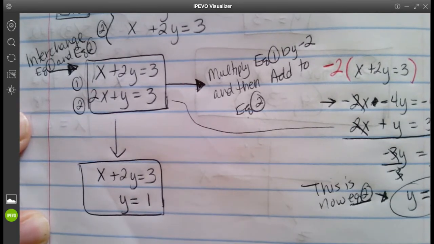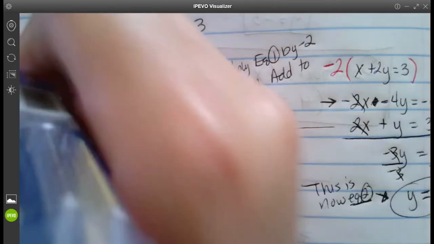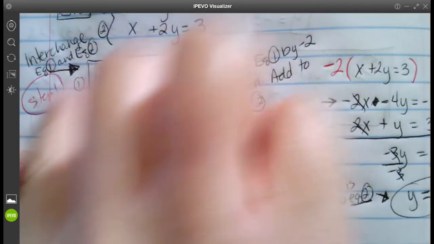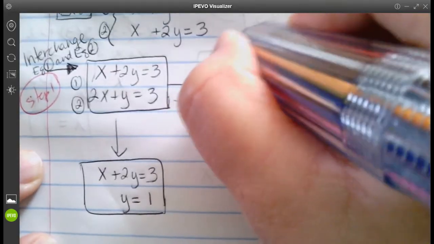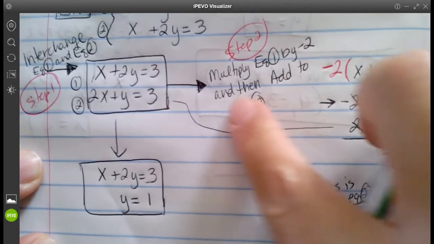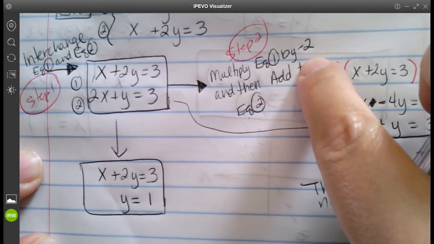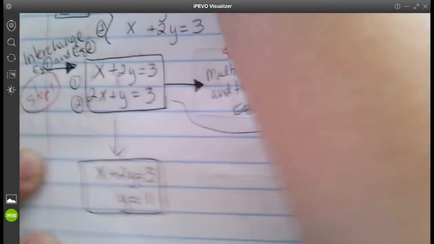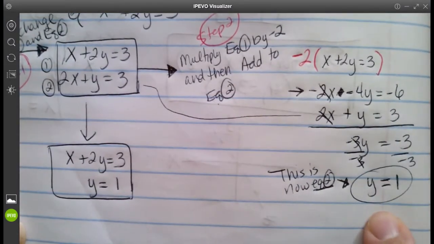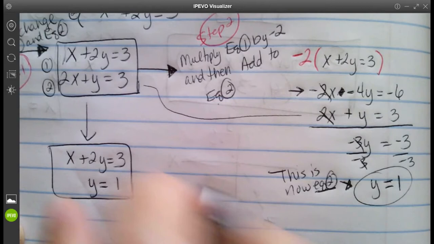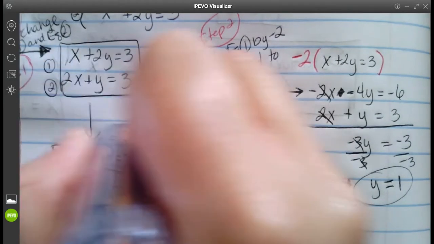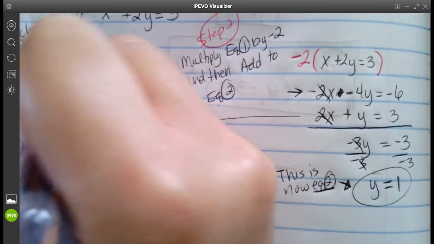If you want to think of it in terms of steps, this was step 1 right here, where we interchanged this part. This was step 2, where we multiplied equation 1 by negative 2 and added that to equation 2 to get this y equals 1 over here. Step number 3 is going to start here somewhere. So right here, we can put step 3.